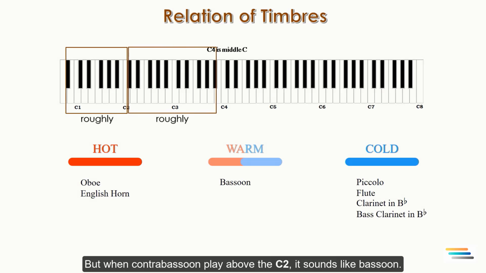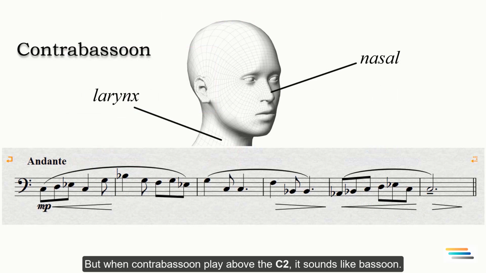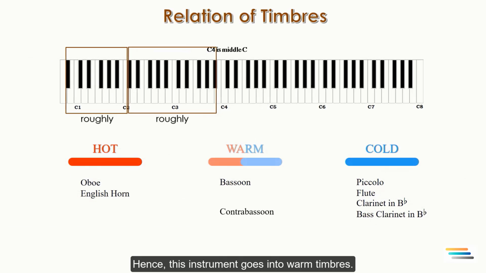But when contrabassoon plays above the C2, it sounds like bassoon. Hence, this instrument goes into warm timbres.